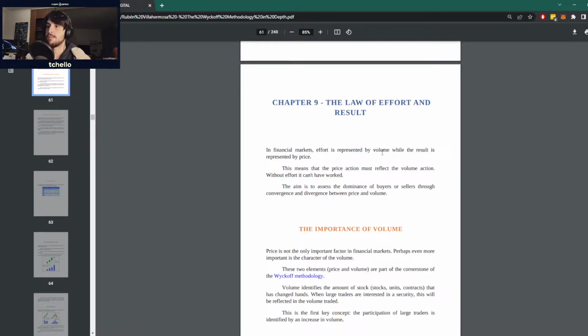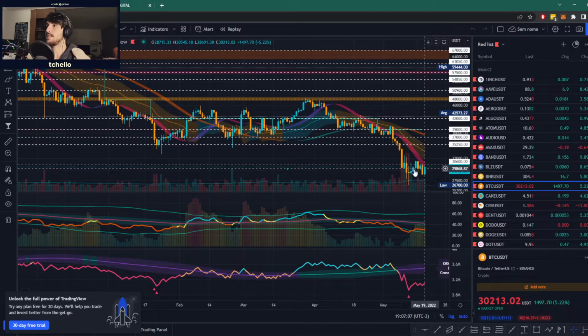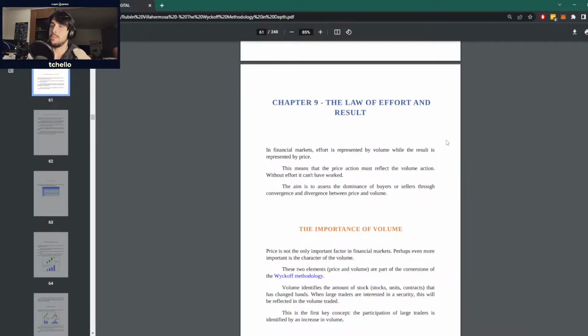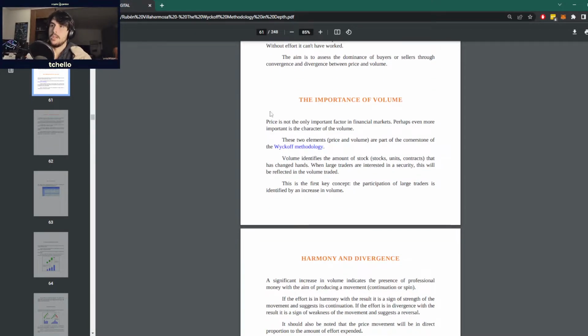Too many people focus only on looking solely at price and candlestick patterns and whatnot. And looking at volume can also be quite an important thing, okay? So, yeah, basically what the Wyckoff methodology does, beyond just looking at the chart patterns, the LPSY or whatever, it empowers us to look at price and volume in the context of building and manipulating a trend.